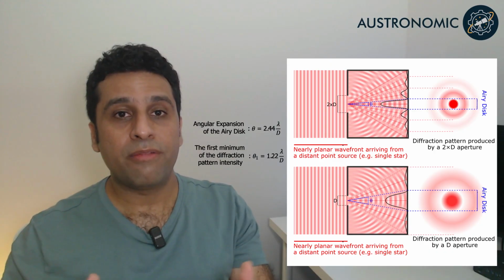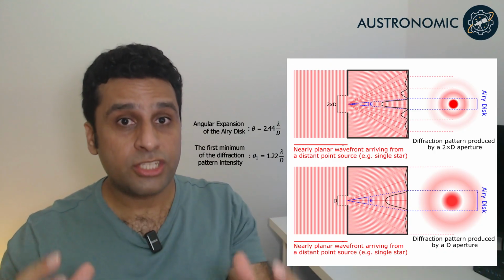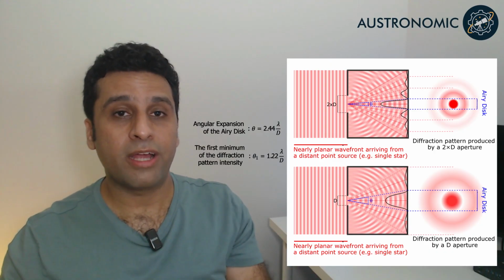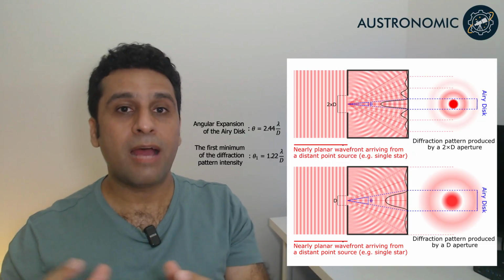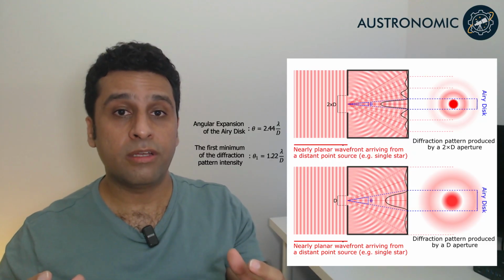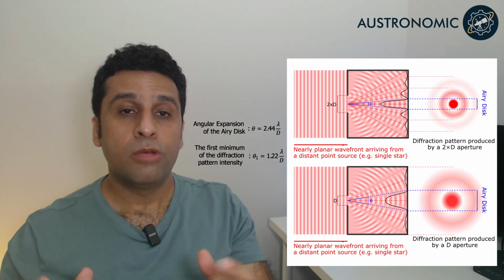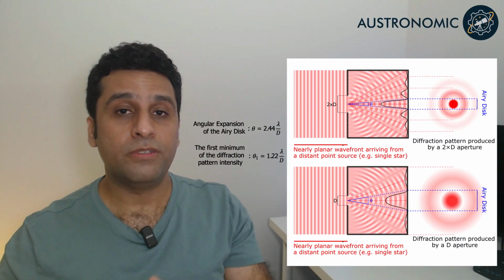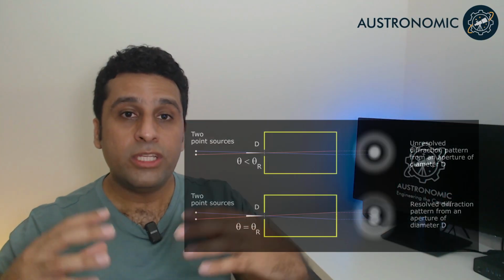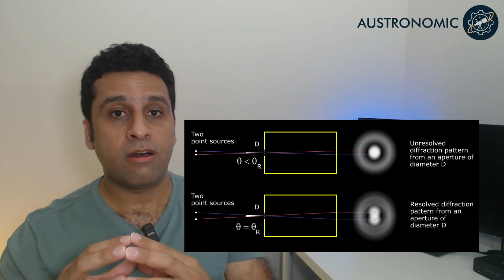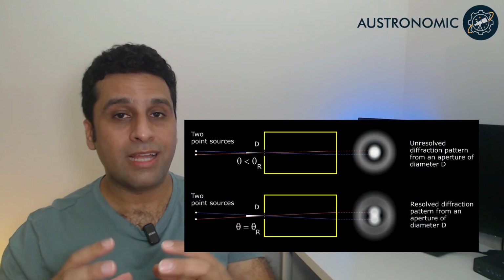The disk is surrounded by a series of concentric rings of diminishing brightness. A larger aperture produces a smaller, more concentrated Airy disk. A smaller aperture produces a larger, more diffuse one. When two stars are close together on the sky, their Airy disks overlap.